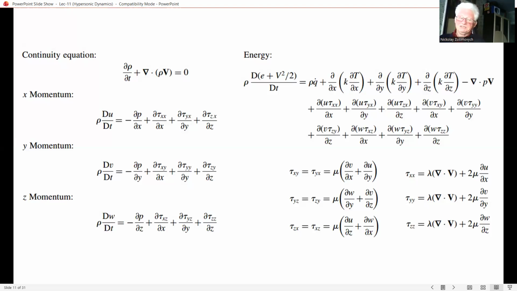We will follow this modern trend here, and we'll label the complete system of equations for viscous flow, so continuity, momentum, and energy equations, as the Navier-Stokes equations, okay?